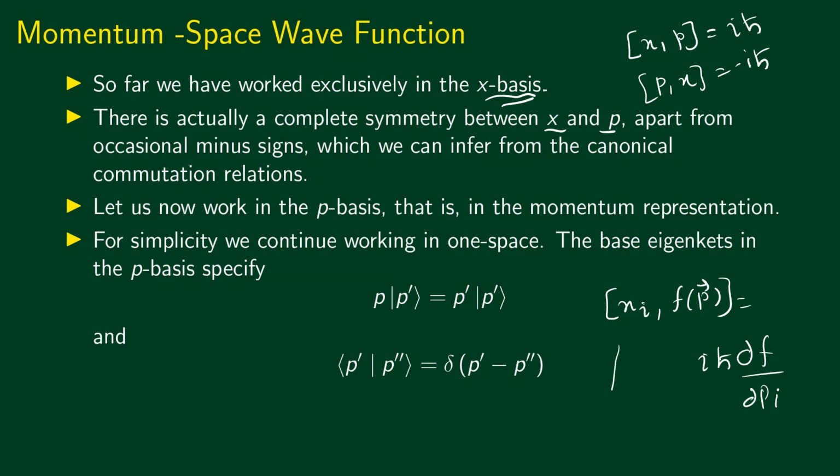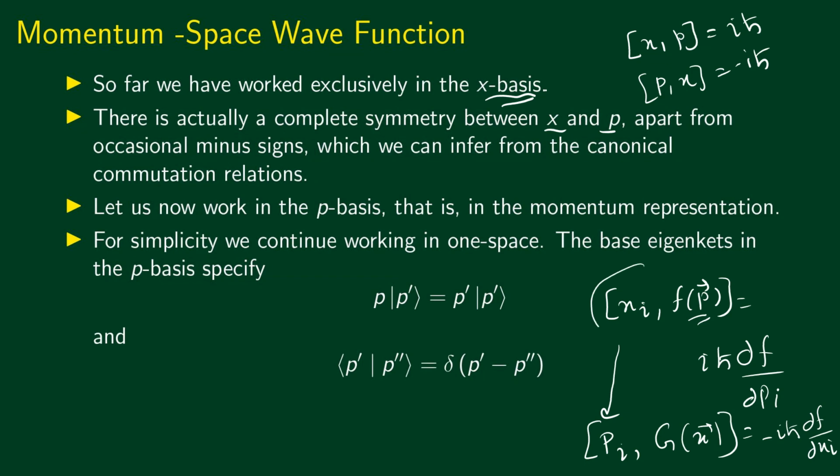From this we could find the commutator of p_i with some function of x, let me write it as g. Here what I have done is, wherever x appears I have put a p, and wherever p appears I have put an x. So this would also be i h bar times the partial derivative with respect to x this time. But there will be an extra minus sign. So it's not completely symmetric. There is an occasional minus sign.